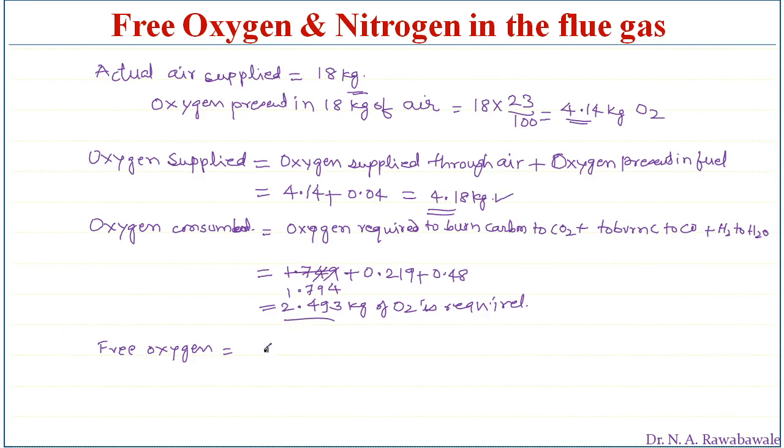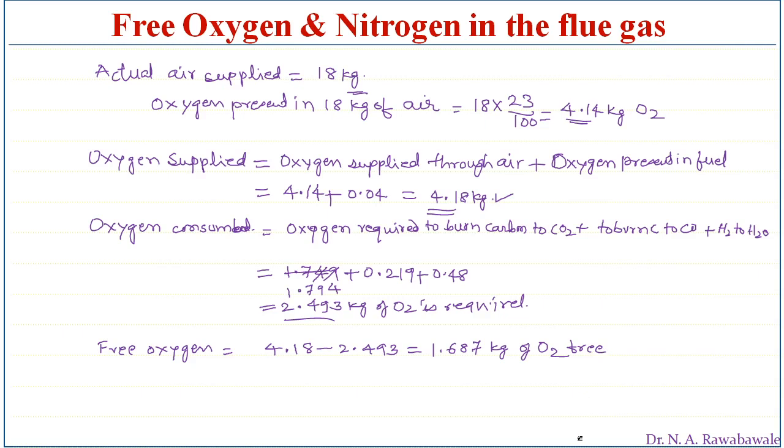So free oxygen is 4.18 minus 2.493, which is 1.687 kg of free oxygen.